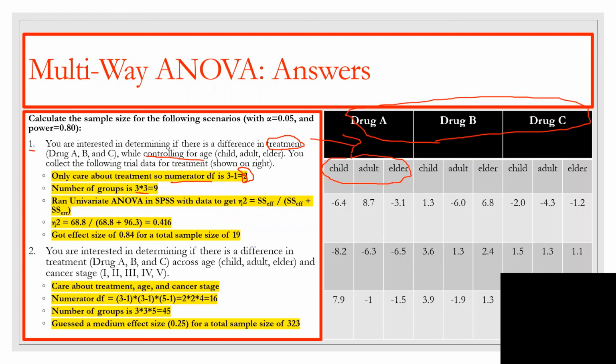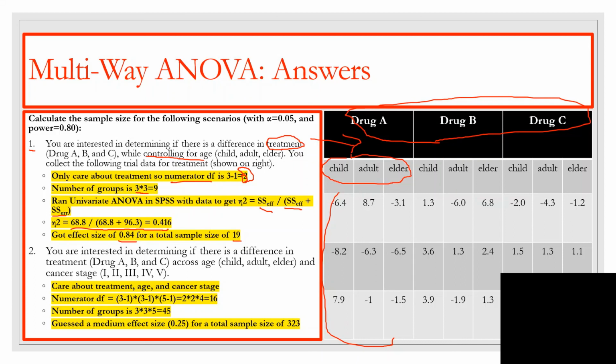Taking this data, putting it in SPSS, running proc univariate, you get sum of squares to get a partial eta squared of 0.14, which will give us an effect size of 0.84. Using G*Power, we get a total sample size of 19, which we'll have to divide through by the number of groups.